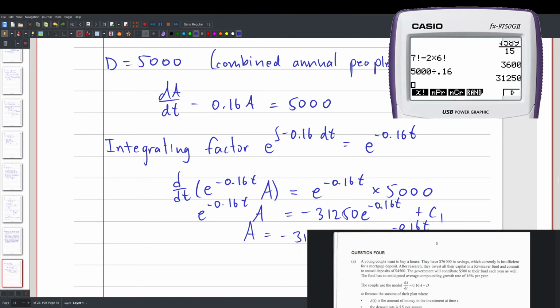I definitely made a mistake somewhere here. The solution to this kind of DE should technically have a t term in it.